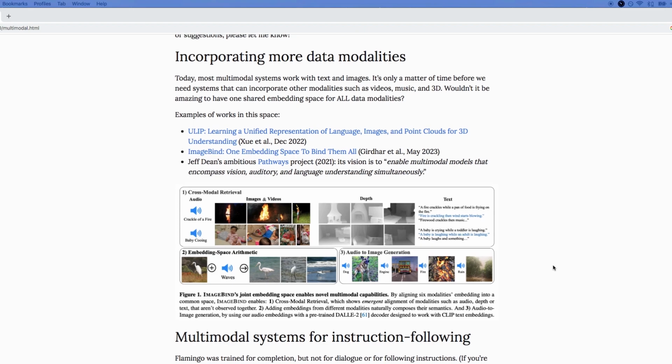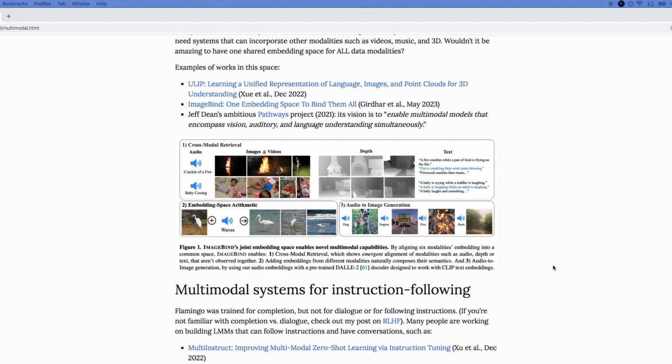Incorporating more data modalities. Today, most multimodal systems work with text and images. It's only a matter of time before we need systems that can incorporate other modalities such as videos, music, and 3D. Wouldn't it be amazing to have one shared embedding space for all data modalities?